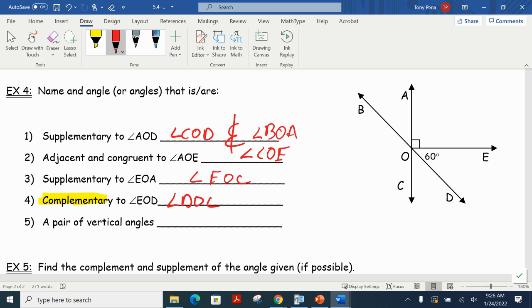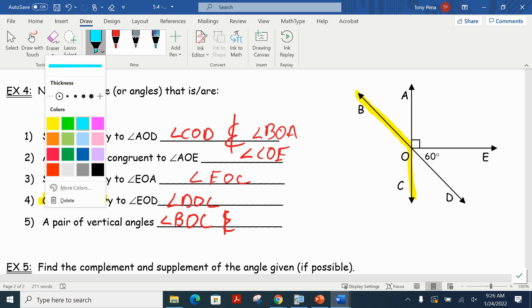All right. Say that one more time now. Good. And that is the sneaky one. Thanks, Monica. So she said B, O, C. So that's this angle right here, BOC. And then the angle opposite of that, let me extend these lines because it has to be created by the two lines.